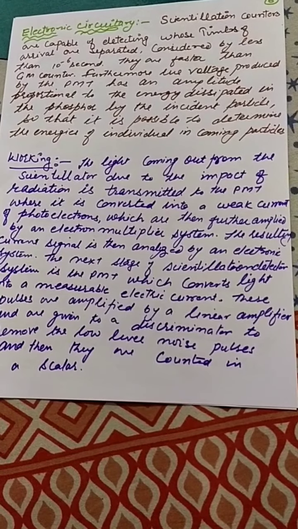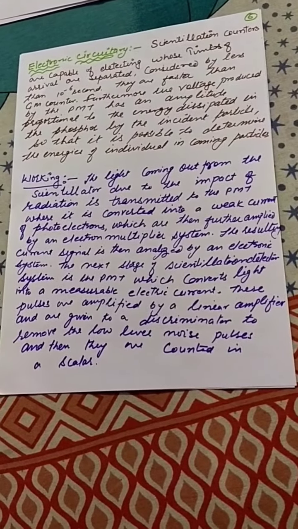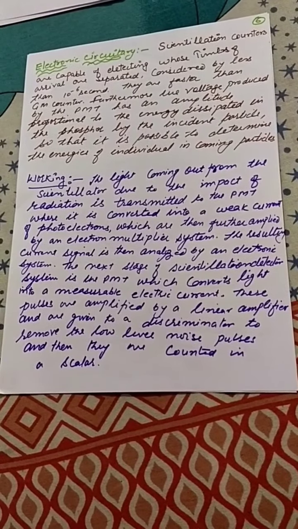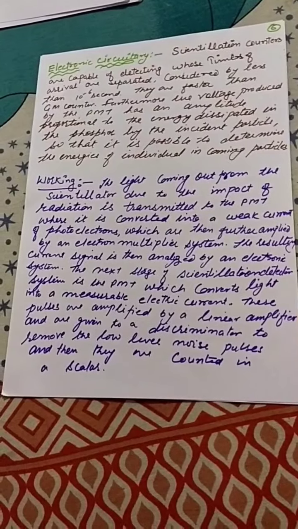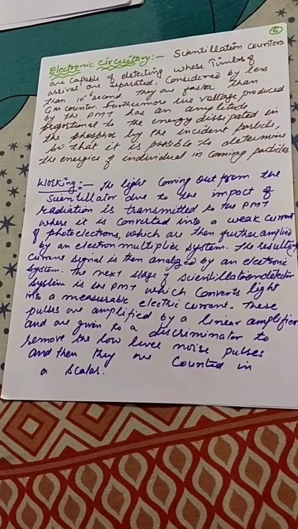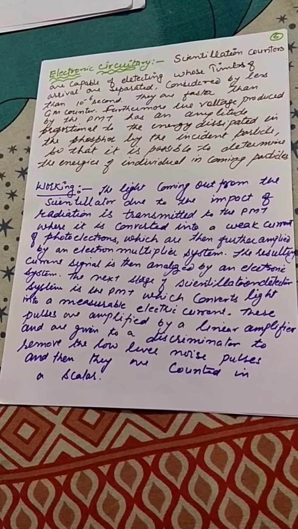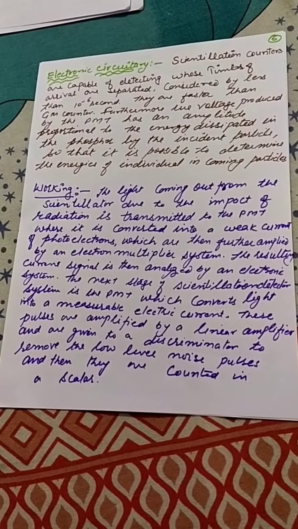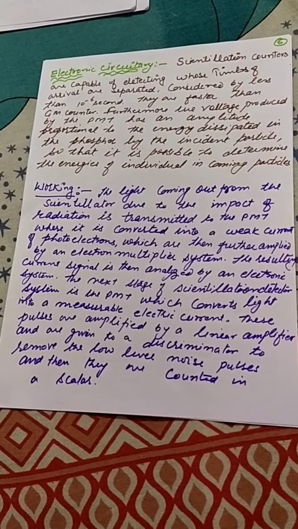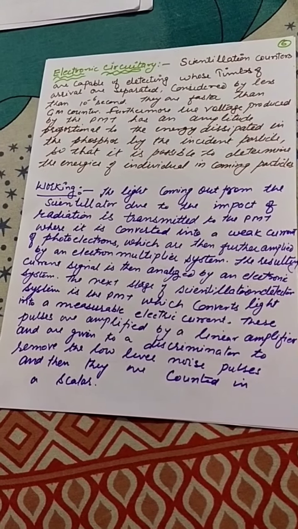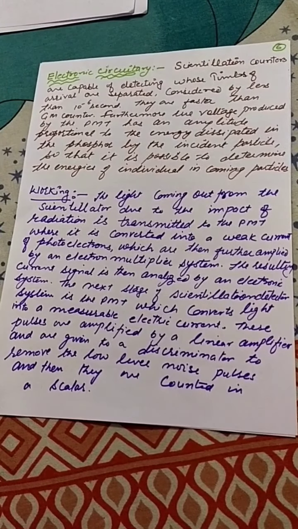Now the working of the scintillator counters or detectors. The light coming out from the scintillator due to the impact of radiation is transmitted to the photomultiplier, where it is converted into a weak current of photoelectrons, which are then further amplified by an electron multiplier system.